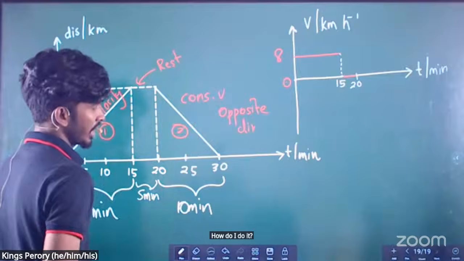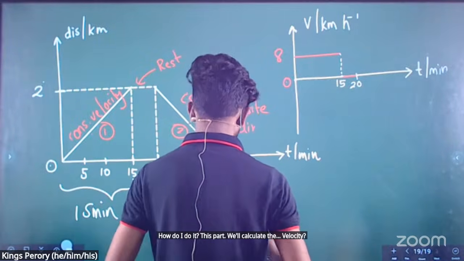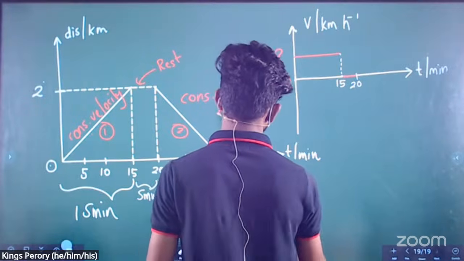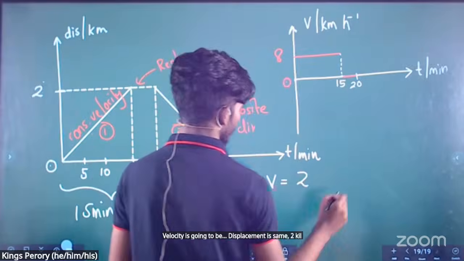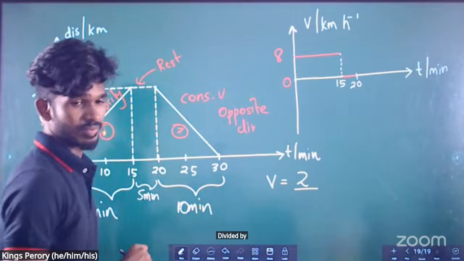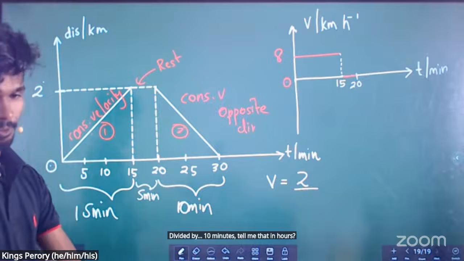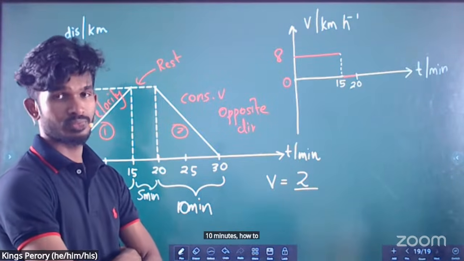This part we will calculate the velocity. Velocity is going to be displacement, which is the same, 2 kilometer divided by 10 minutes. Tell me that in hours. 10 minutes. How to convert to hours?